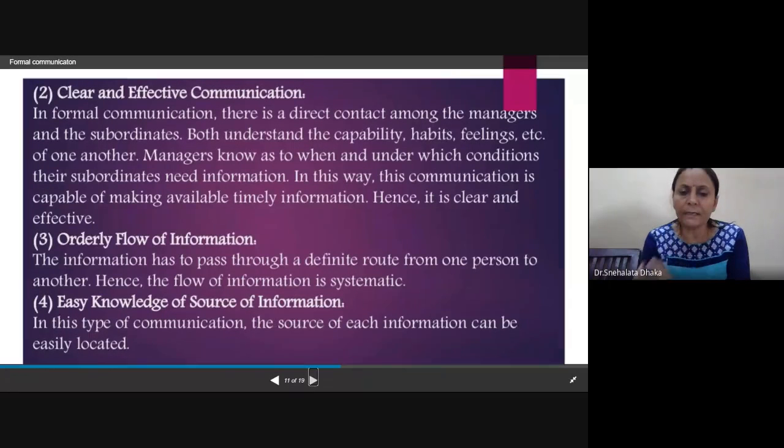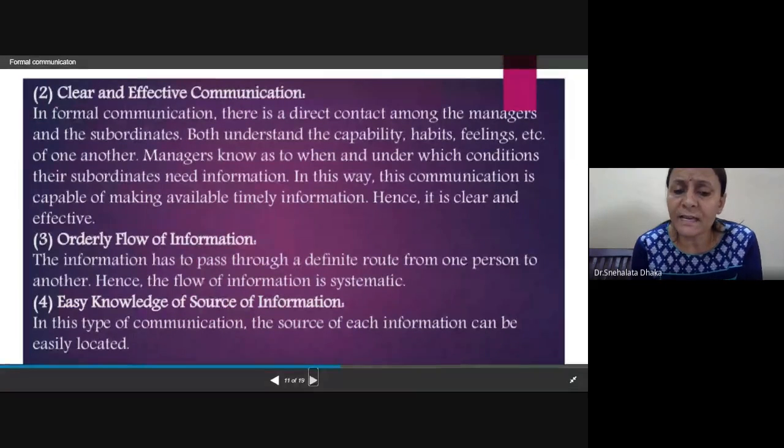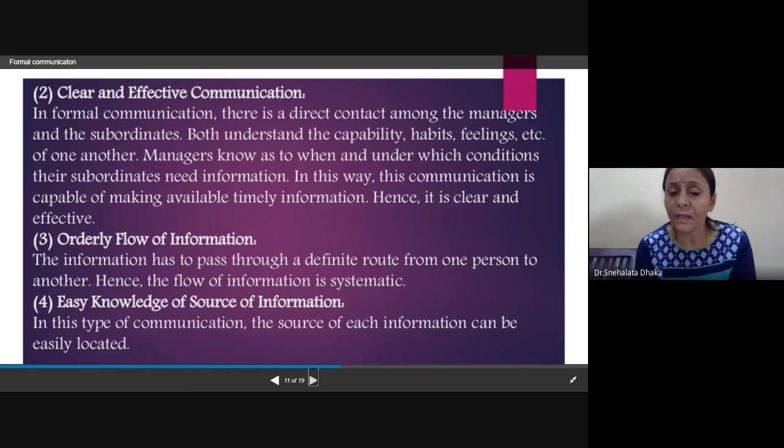As we have discussed earlier, when we were discussing effective communication, if the person has the knowledge of the work, and if the person has the linguistic competencies also, the language which he chooses to express that information in relation to that task, and also the organizational skill, the systemization of the information, if the person has that systemization skill, then definitely that particular information will have clarity.